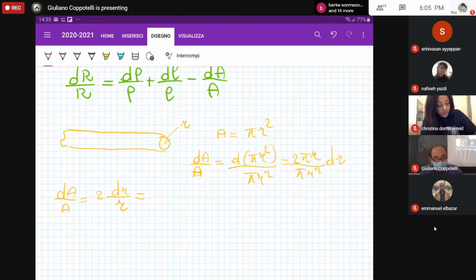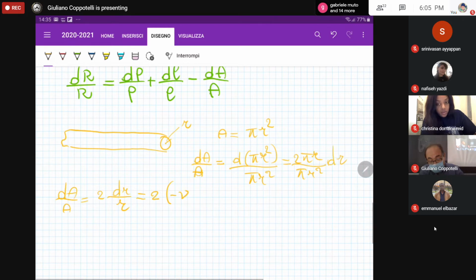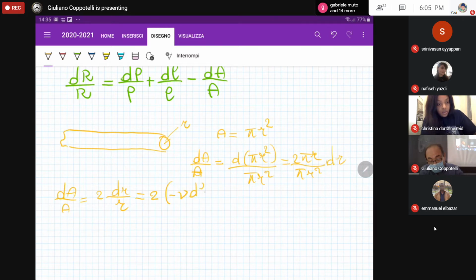So this dr over r is equal to negative Poisson ratio nu times dL over L, and this nu is the Poisson ratio.